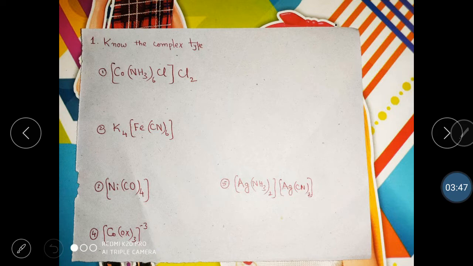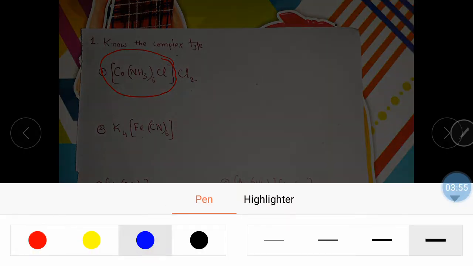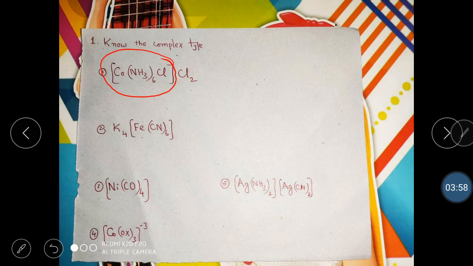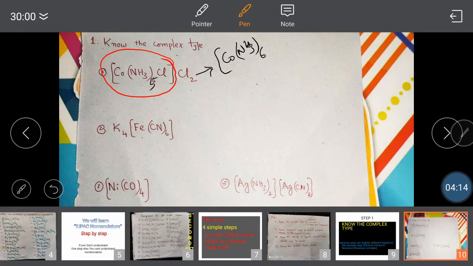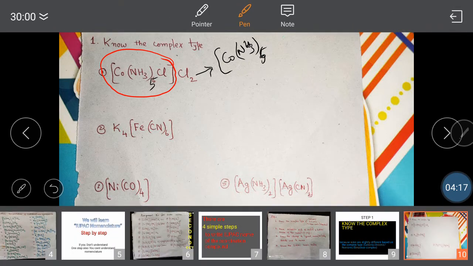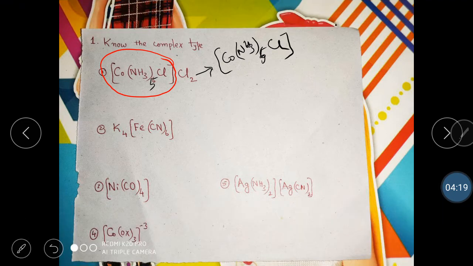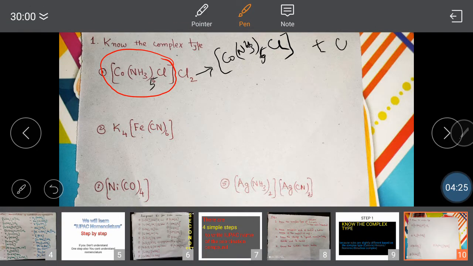First example. If you remember, the contents of the square bracket cannot be separated. Meaning, if I dissolve this in water, what do I get? I get [Co(NH3)5Cl] in the square bracket, plus Cl minus. I'm sorry, this should be 5 actually.